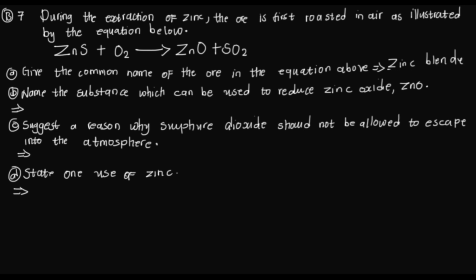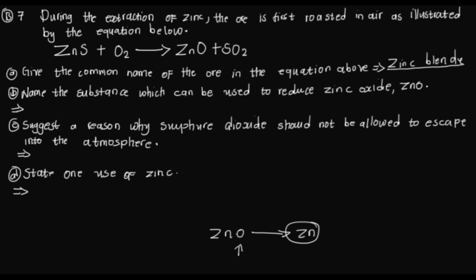Okay, so now let's move on to question B. Name the substance which can be used to reduce zinc oxide. So if we want to reduce, we have a zinc oxide. We want to know the substance that we can use to remove oxygen so that we may have the zinc alone.